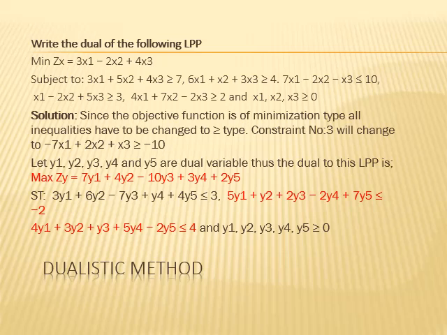Let's see, the first constraint is 3y1 plus 6y2 negative 7y3 plus y4 plus 4y5, that is less or equal 3.